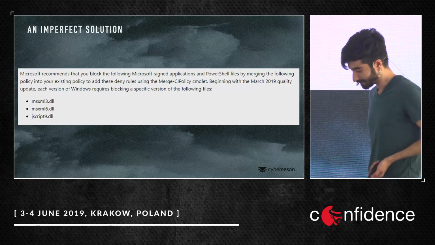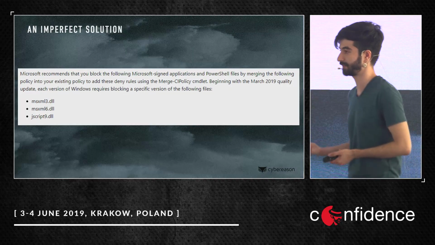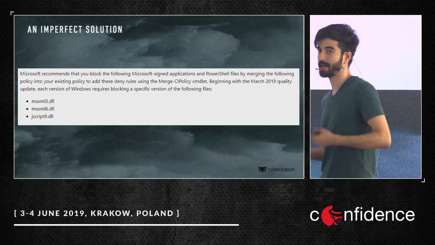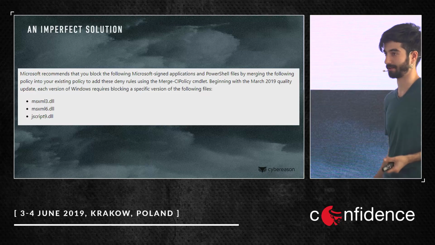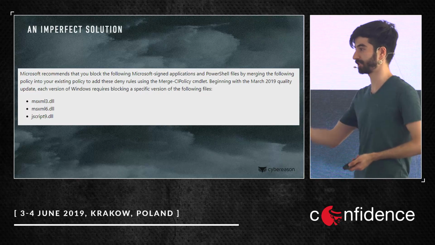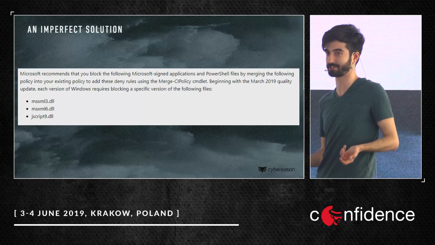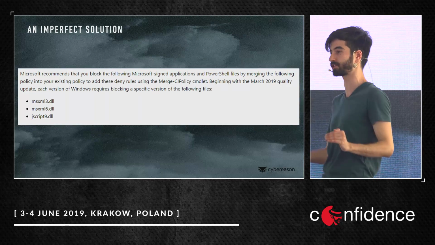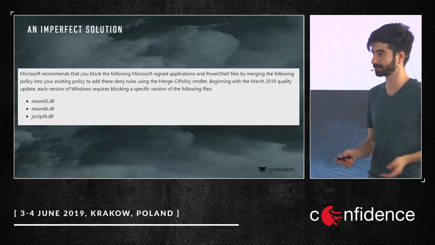Now, the way that Microsoft tried to mitigate this issue is by adding MSXML 3 and 6 and Jscript 9 up to a certain version to a Microsoft recommended block list for Device Guard, which is basically like tons of versions of PowerShell and lots of different Device Guard bypassing executables.